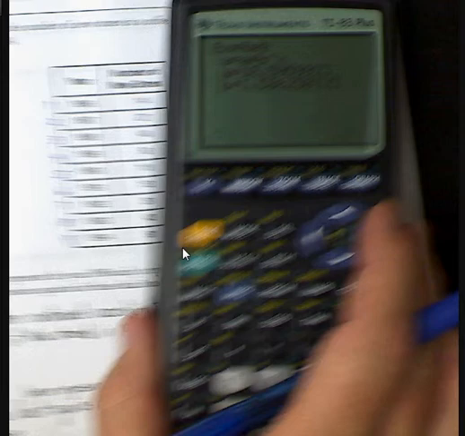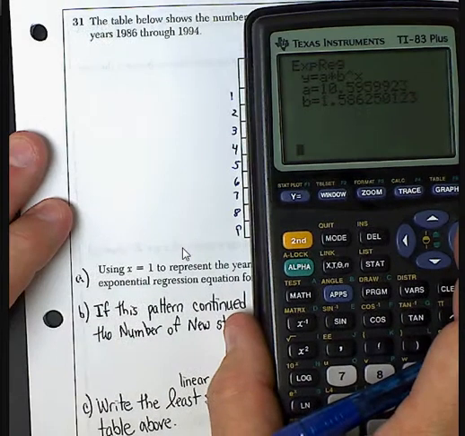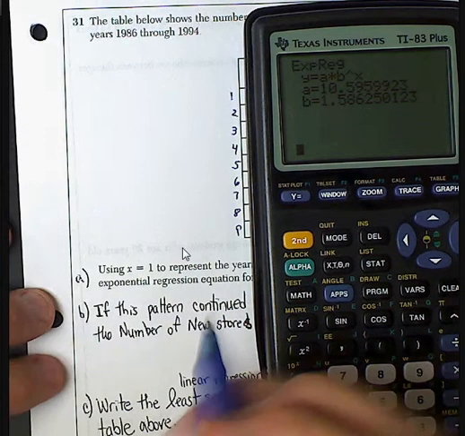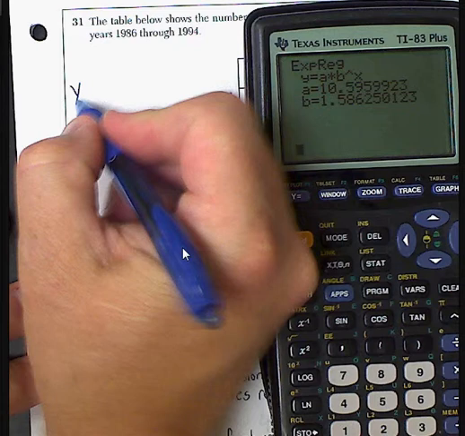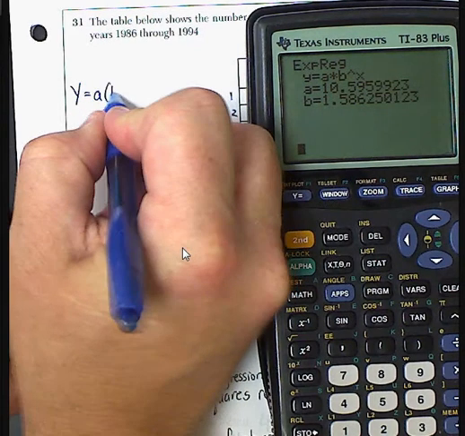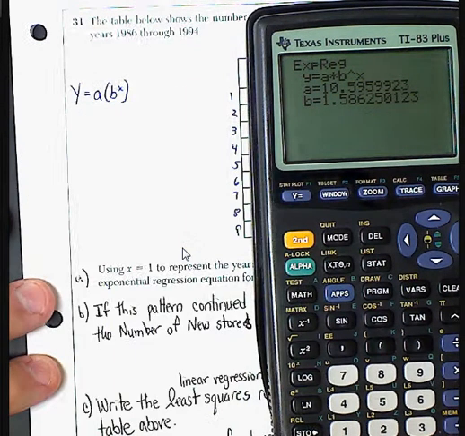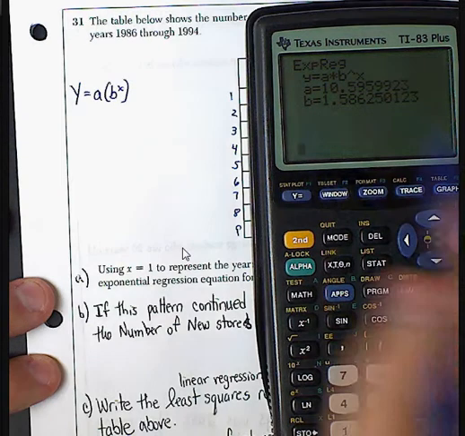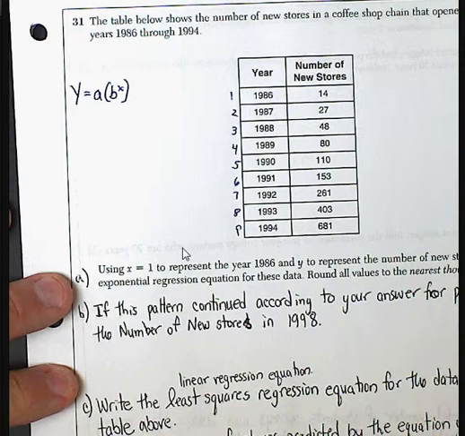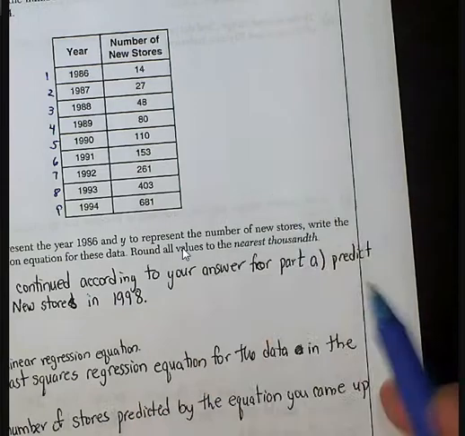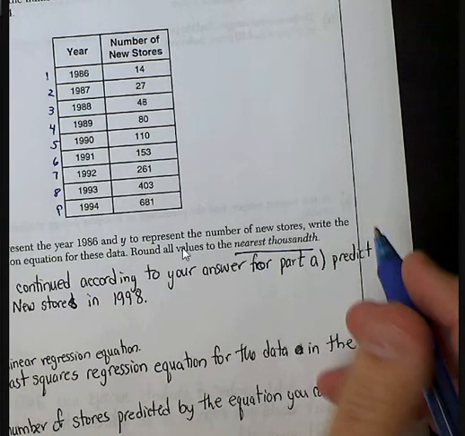So let me move this over, and then we can write this down so you can see what's going on. An exponential regression equation, the first line they'll give you is the formula for it. It's going to be y is equal to a times b to the x. That's the form. So they tell you what a is and they tell you what b is, but make sure you read the question. The question says we want everything to the nearest thousandth.